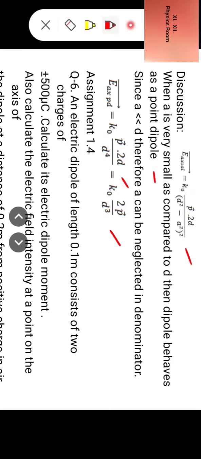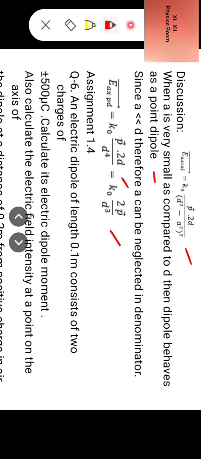So E axial, when it behaves as a point dipole, is equal to K naught 2P divided by D cube, and is along the axis of the dipole, that is along the dipole moment vector on the axis of the dipole.